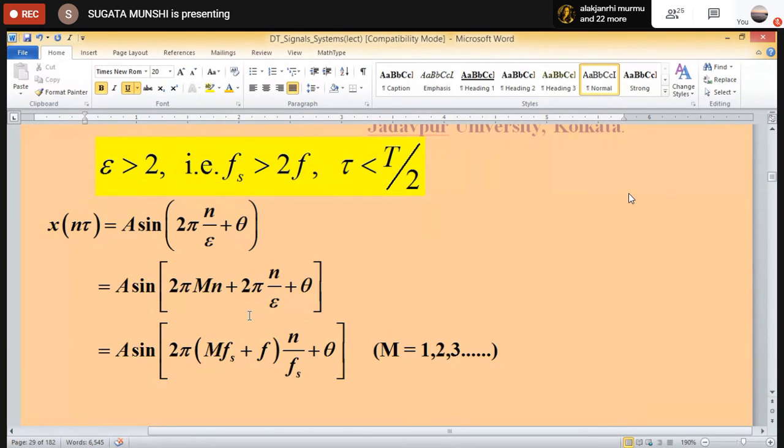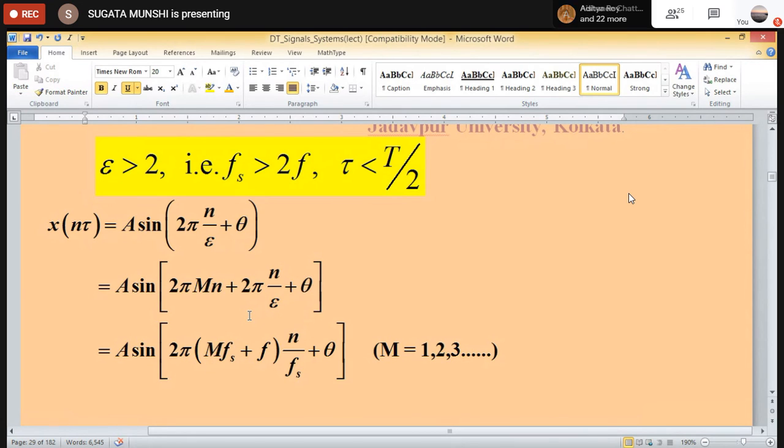So just see here, what I have shown is that x and tau, which is the sampled version of a sinusoid with frequency f, can also be the sampled version of analog sinusoids with frequencies m fs plus f, where m has values of 1, 2, 3, etc. That is not the only possibility.